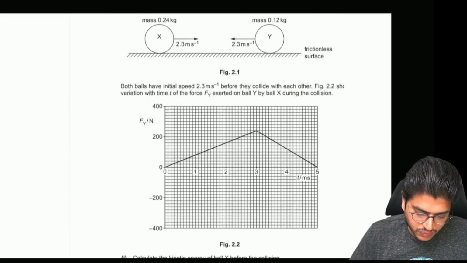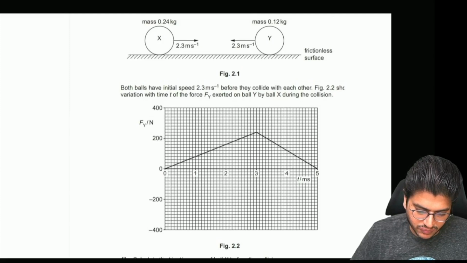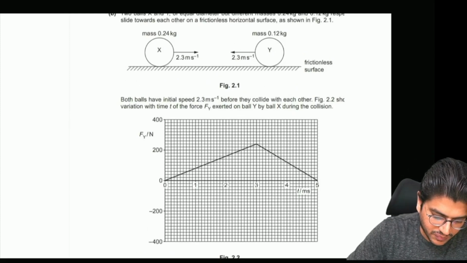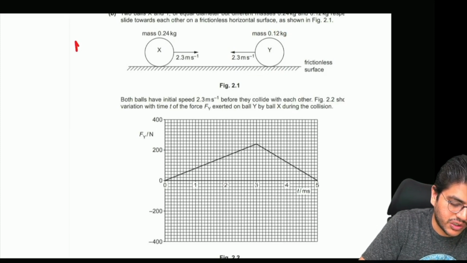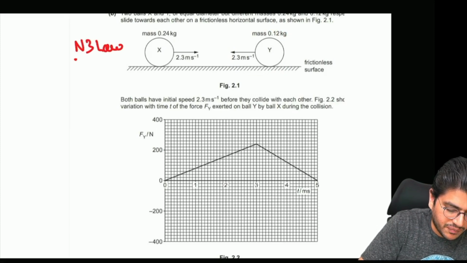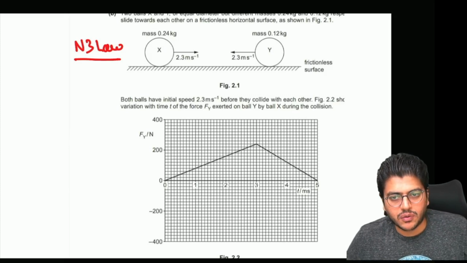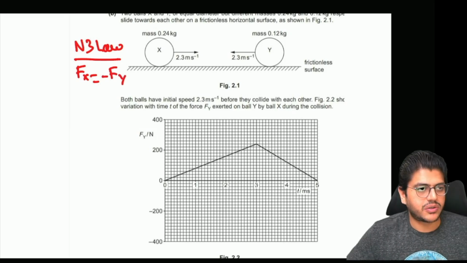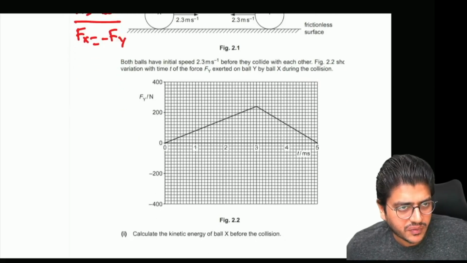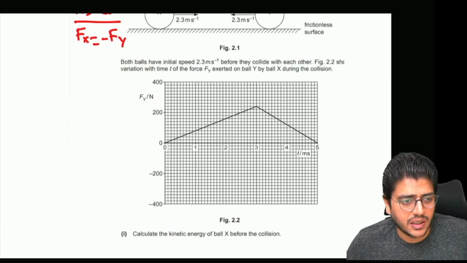And this figure 2.2 shows the variation of the force acting on Y. Always remember that in all collisions, Newton's third law is obeyed, which means that the force on X should be equal to and opposite to the force on Y, regardless of the masses.